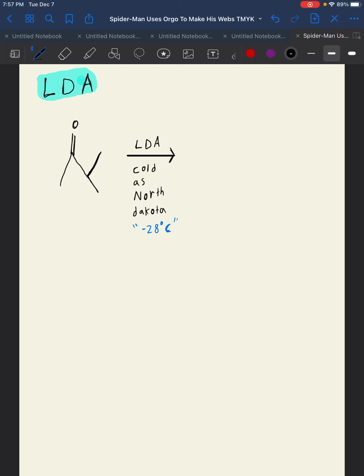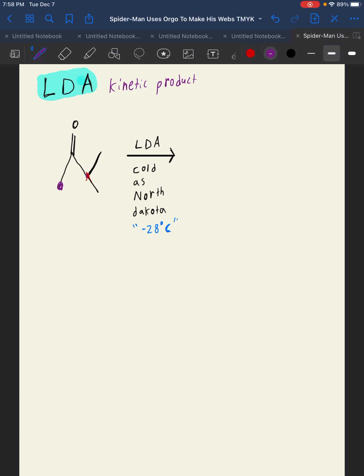As I said, LDA forms the kinetic product. An easy way to think of the kinetic product, if you don't understand stability, is the less sterically hindered position, which is here, because this is more sterically hindered. So it's not going to form here. It's going to form here when it actually deprotonates.